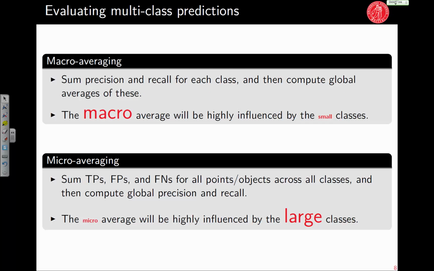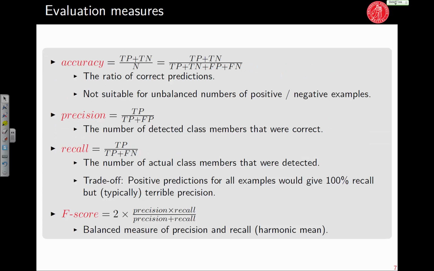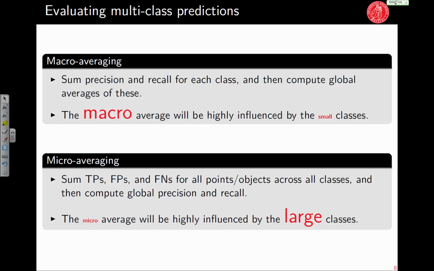These measures work with two-class classifiers, meaning positive and negative, so spam, non-spam. But when you have a document classification with different classes, politics, economics, etc., then you can't use these. What's a true positive and what's a true negative in this case? It's done per class.